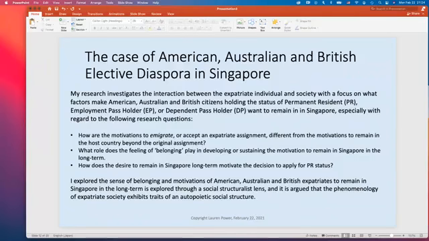So I explored the sense of belonging and motivations of American, Australian, and British expatriates to remain in Singapore in the long term. And I used a social structuralist lens. Through this approach, I argue that the phenomenology of expatriate society exhibits traits of an autopoietic social structure.